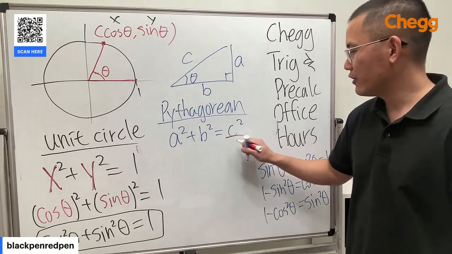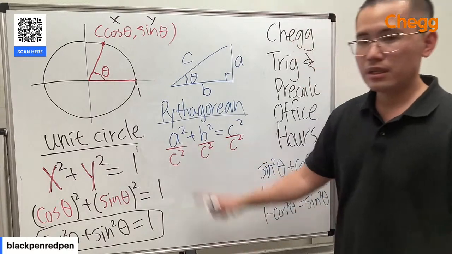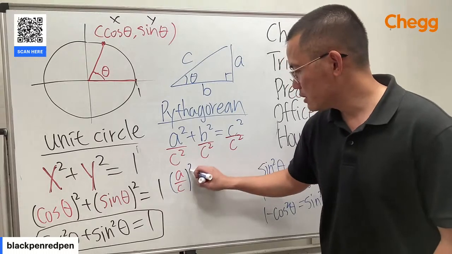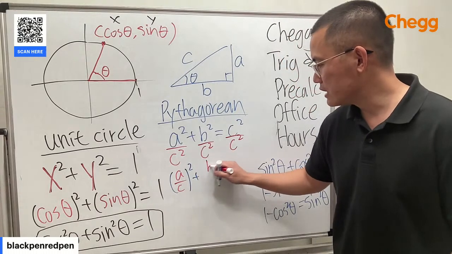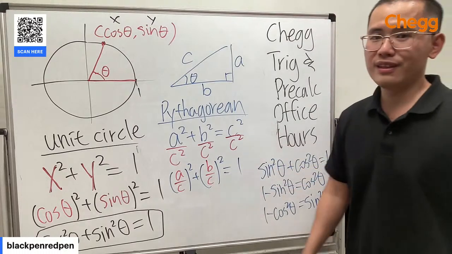Now, I'm going to divide everybody by C squared. This right here is (A over C) squared. This right here is (B over C) squared, and that's equal to 1.